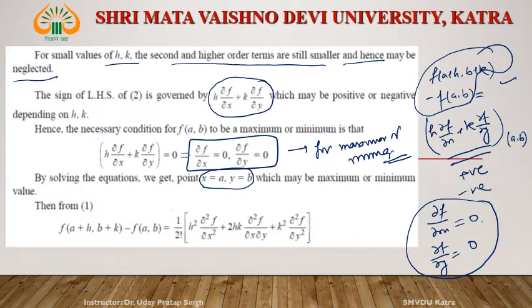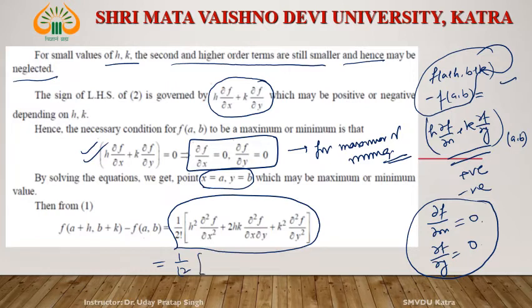Okay, then if this term is 0, then what is equation number 1? F of a plus h, b plus k minus f of ab is equal to, since first term is 0, this term is 0, so the second term remains, and this is equal to 1 by factorial 2 h square r plus 2hks plus k square t.